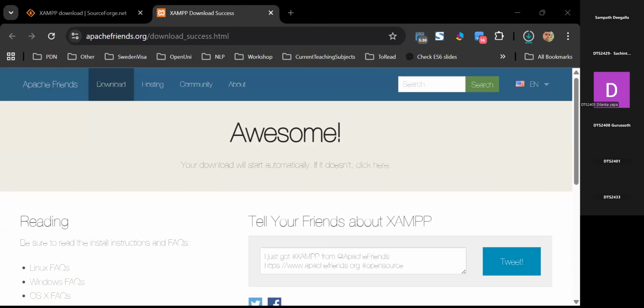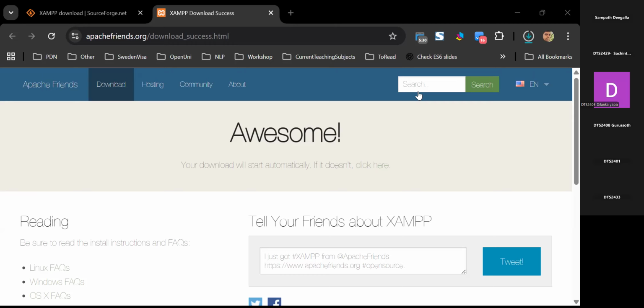You can go to Apache Friends download and click on the XAMPP download, which consists of the Apache server plus MariaDB or MySQL open source version, and also dynamic programming languages like PHP and Perl. Once you download it, you can set up and decide what you need to install.